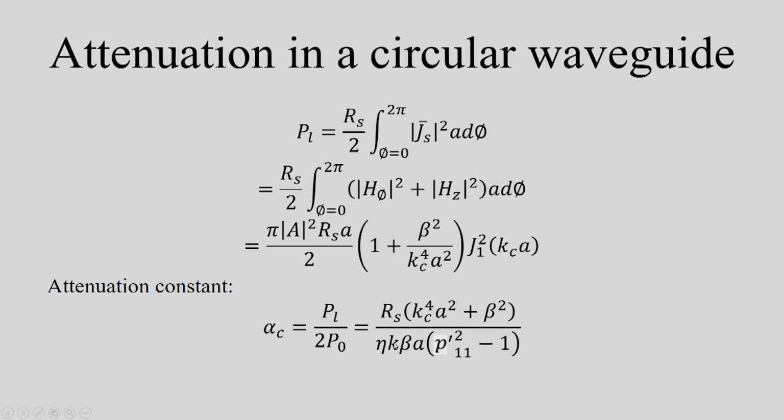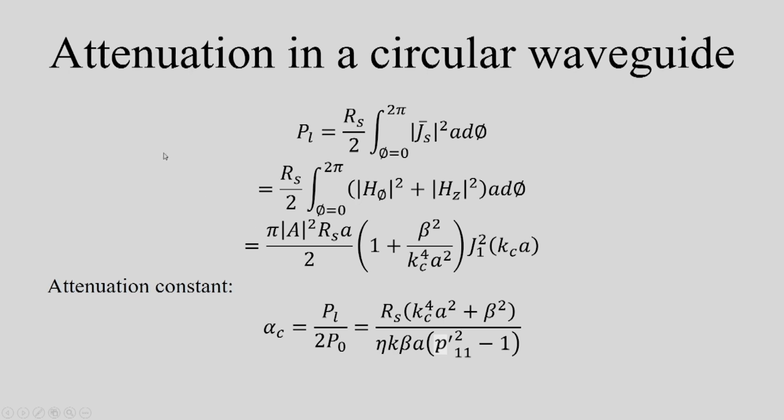simplification, we get alpha c as shown in this expression: Rs k c to the power 4 A square plus beta square divided by eta k beta A, and then this is P dash 1 square, which is the first root of the derivative of the first order Bessel function, minus 1.